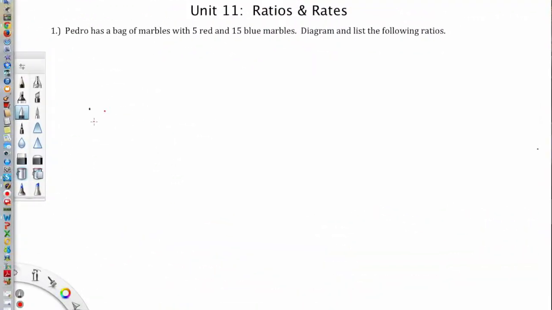Let's go. Boys and girls, let's take a look at problem number 1. It says Pedro has a bag of marbles with 5 red and 15 blue marbles. Diagram and list the following ratios. Well, let's draw our bag of marbles.